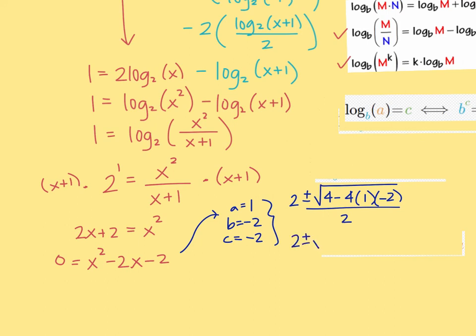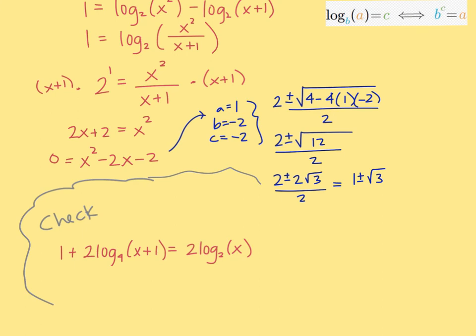So we'll have 2 plus or minus, let's see what our discriminant is. This is 4 plus 8, so that's 12 on the inside, all over 2. The square root of 12 gets simplified to root 4 root 3, which is 2 root 3, all over 2. Then our 2's can cancel, so we'll have 1 plus or minus root 3.